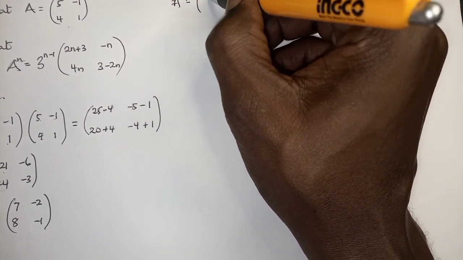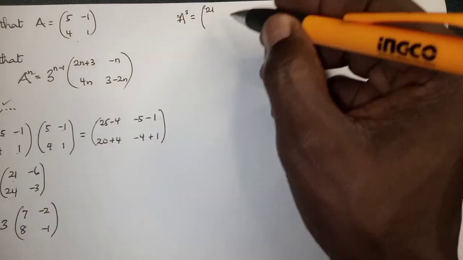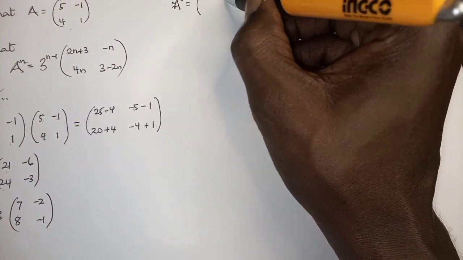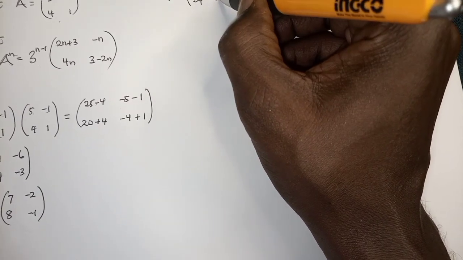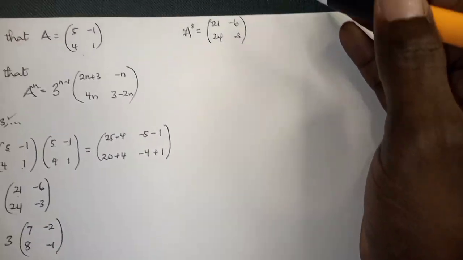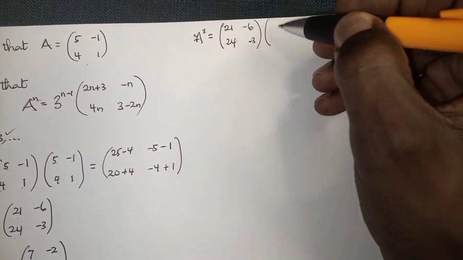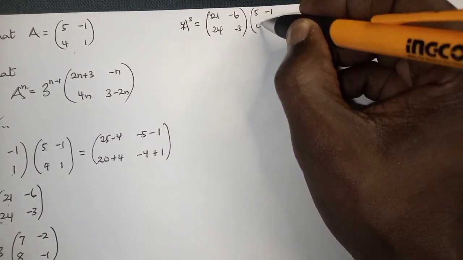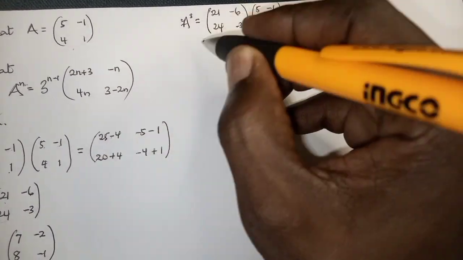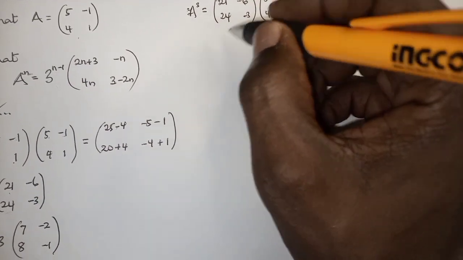So we pick 21, negative 6, 24, negative 3. Those are the entries I will pick, times the A, so 5, negative 1, 4, 1. That will give me the same thing.